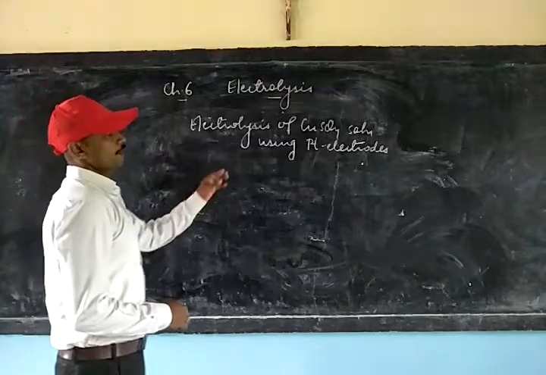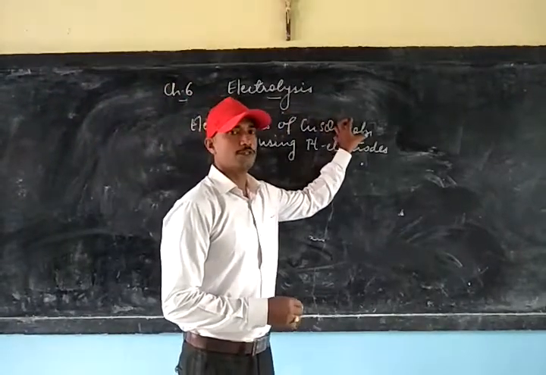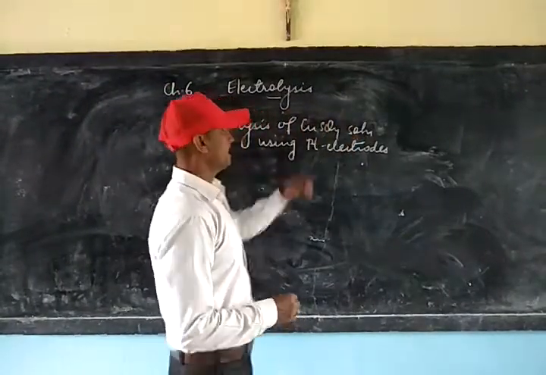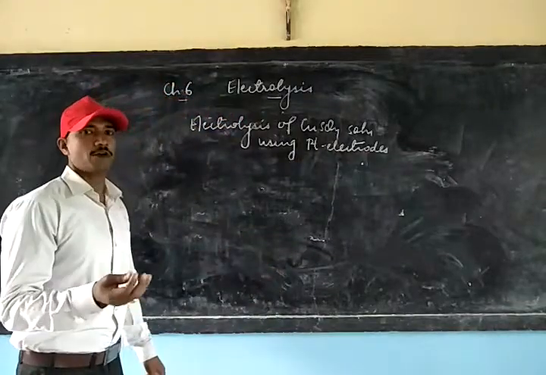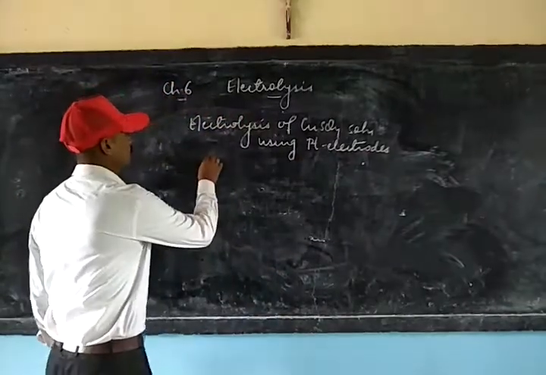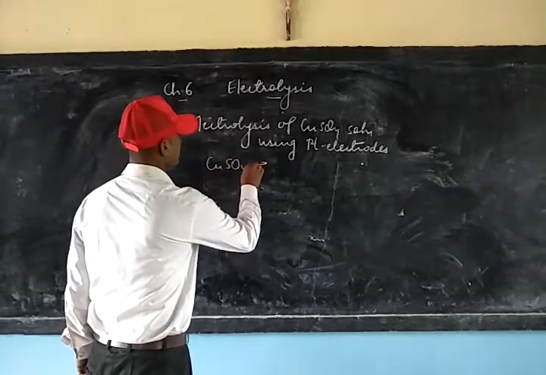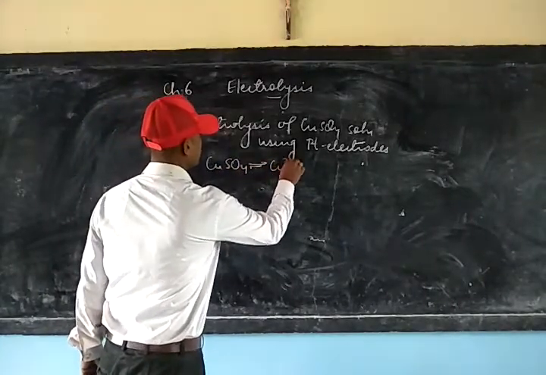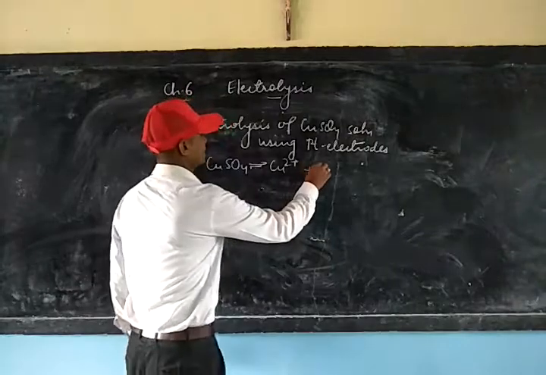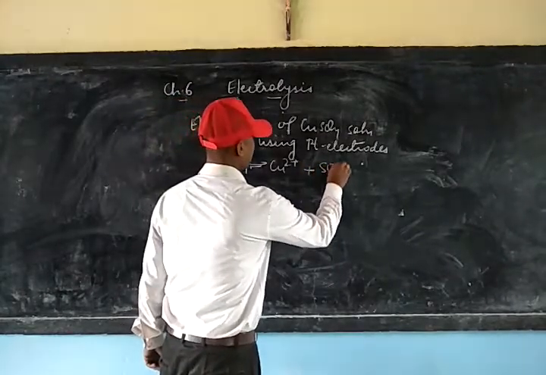So we know when we pass current through copper sulfate solution, there will be dissociation. CuSO4 will be dissociated to give Cu2+ and SO4 2-.